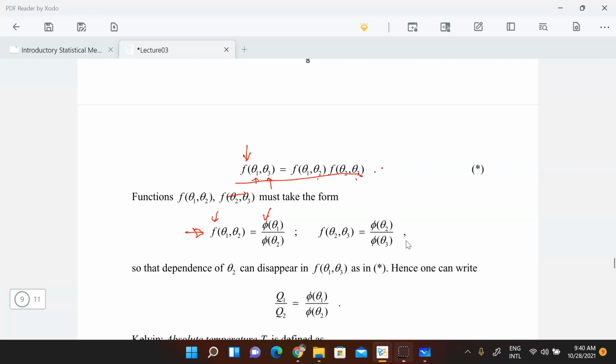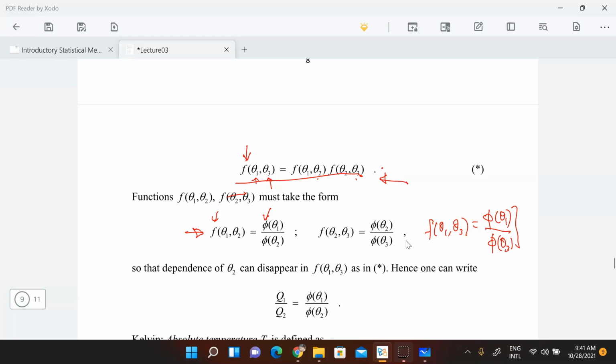So then f(theta1, theta2) is given by phi(theta1) divided by phi(theta2), and f(theta2, theta3) will be phi(theta2) divided by phi(theta3), so that when you do f(theta1, theta3), you expect the same function to be phi(theta1) divided by phi(theta3). And you can see that this obeys that relationship.